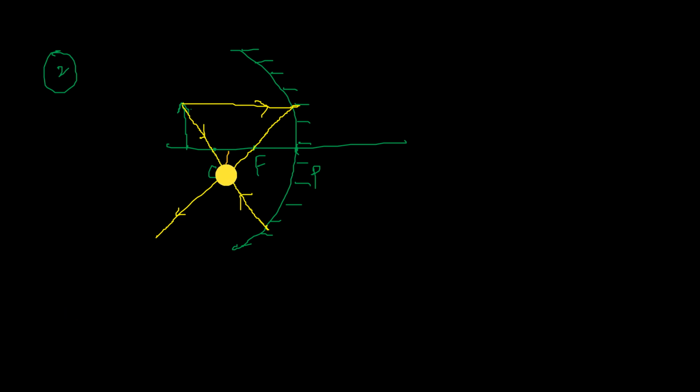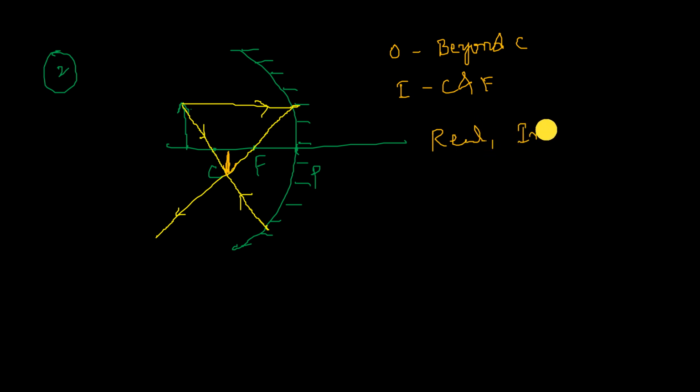Here is the image like this. So the object is beyond C, and the image is between C and F. The nature of the image is real, inverted, and diminished. It is not enlarged, it is diminished.